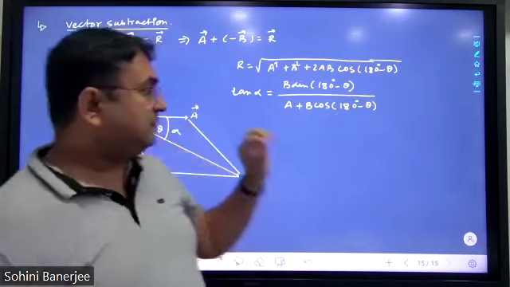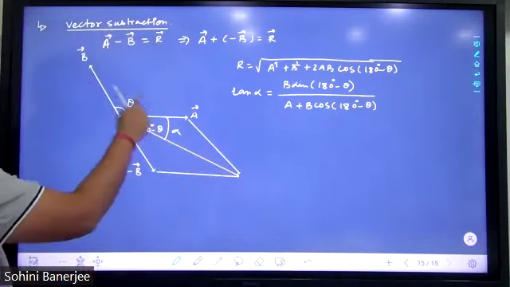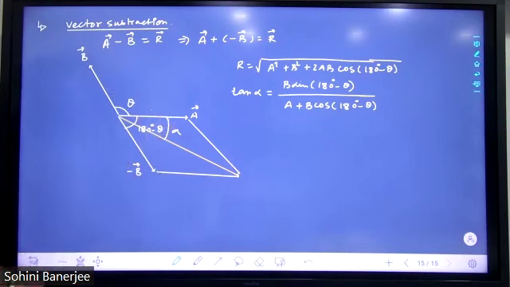So only in place of theta, the angle between A and B, it is the angle between A and minus B. Okay, that is the vector subtraction, nothing else. Same, everything same. Okay. Done. That's it.